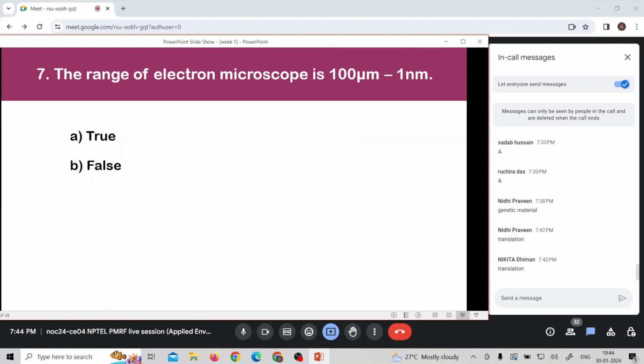I've got a good number of responses, and yes, it is true. Now I'll give you enough time to go through the question and see which of these answers is correct.